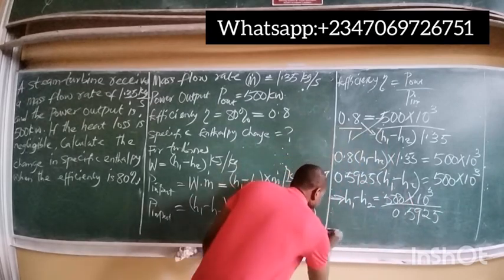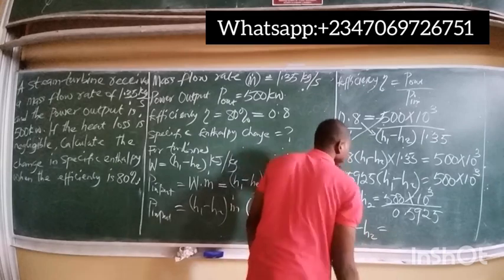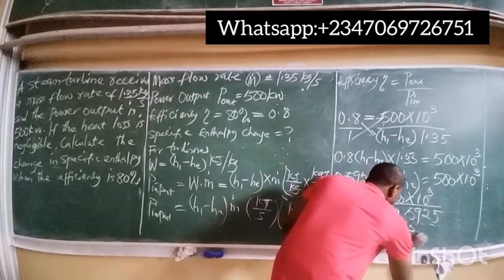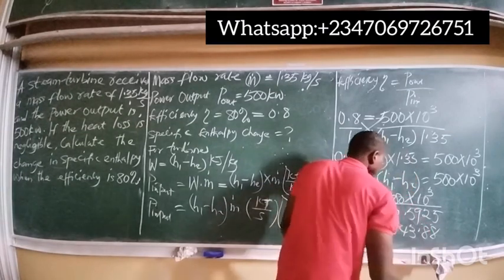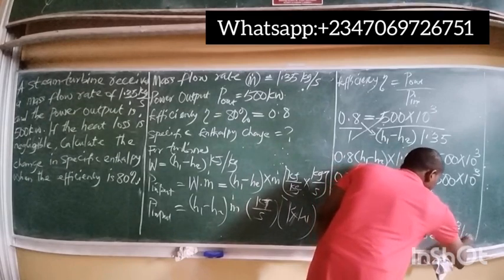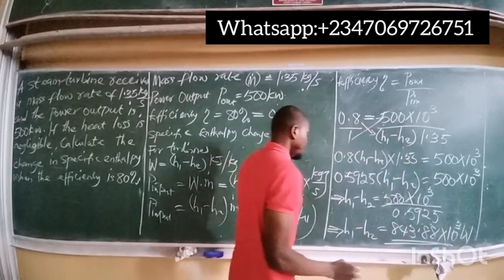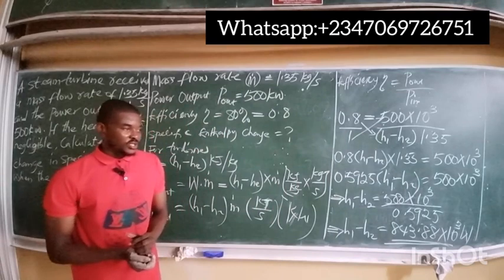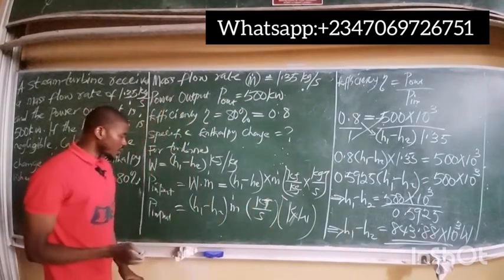So this implies that the specific enthalpy change, h1 minus h2, is equal to 843.88 by 10 to the power of 3. So this becomes the value of the change in specific enthalpy. That's what the question is asking us to find, and that gives us the answer to that question.